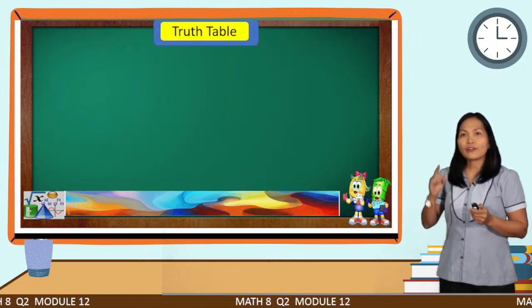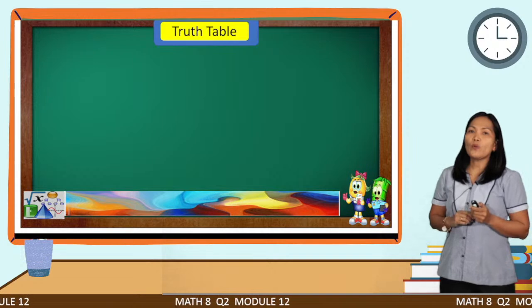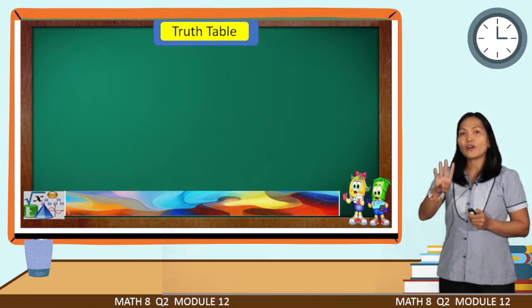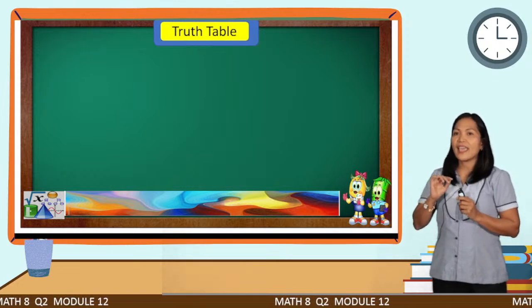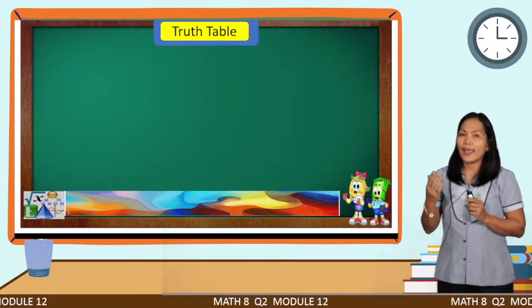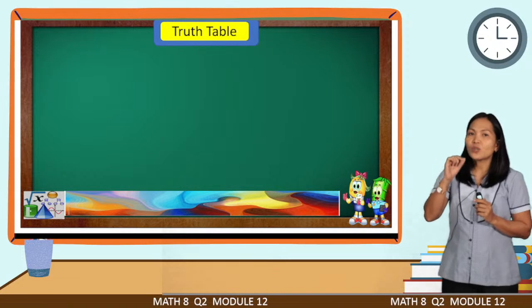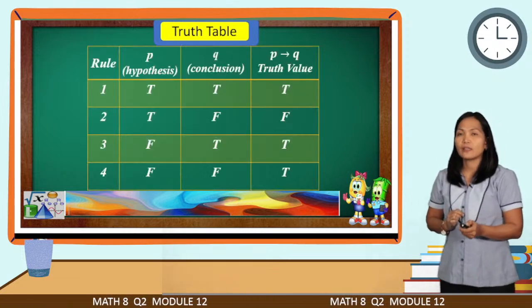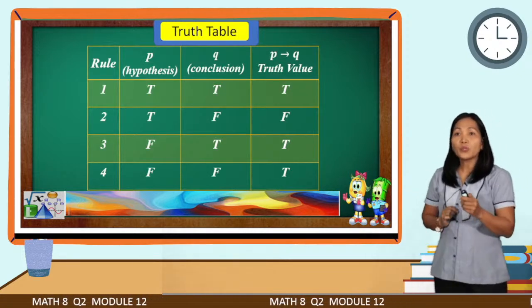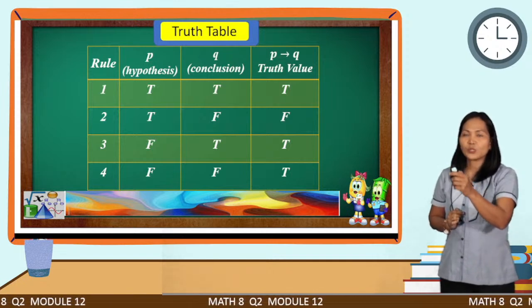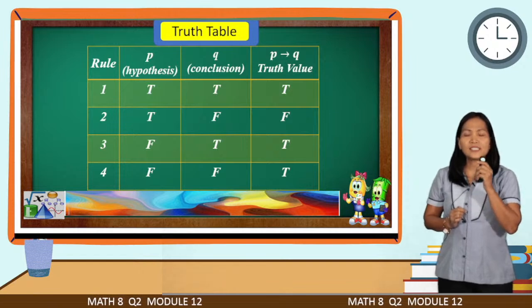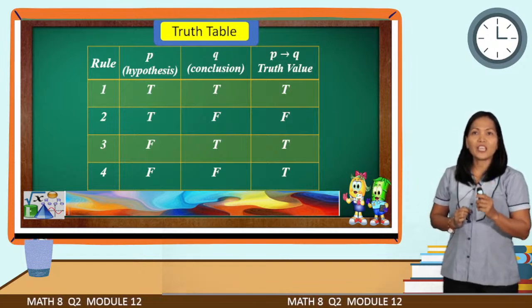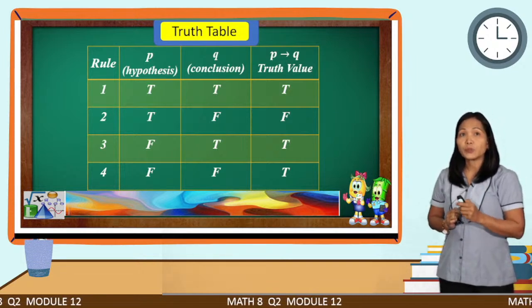Okay? So from that concept, we will be forming 4 different combinations for the hypothesis and the conclusion. And each combination is called an implication. For our rule 1, if the hypothesis is true and the conclusion is true, then the decision for that implication is also true.